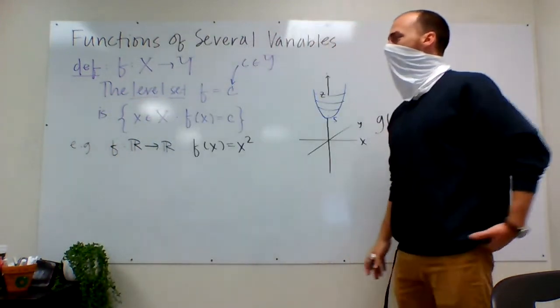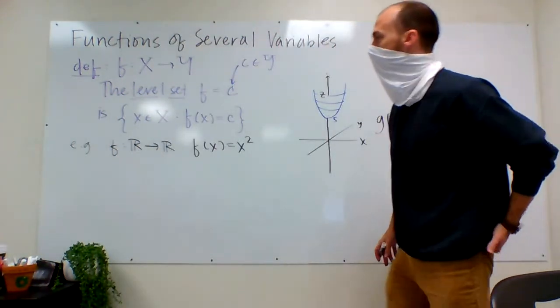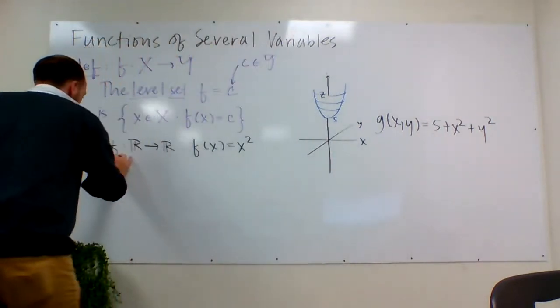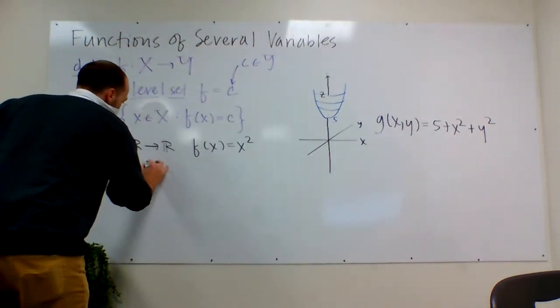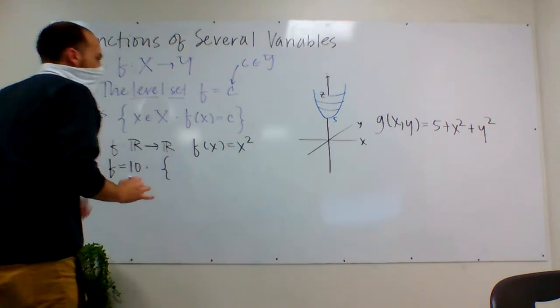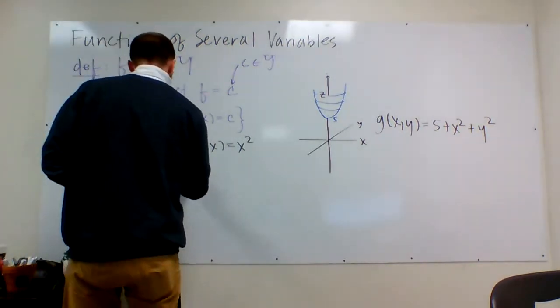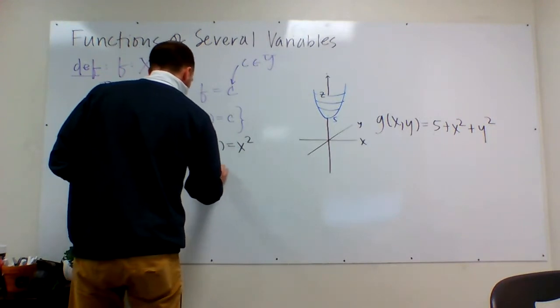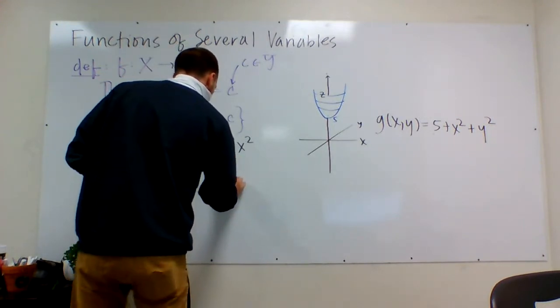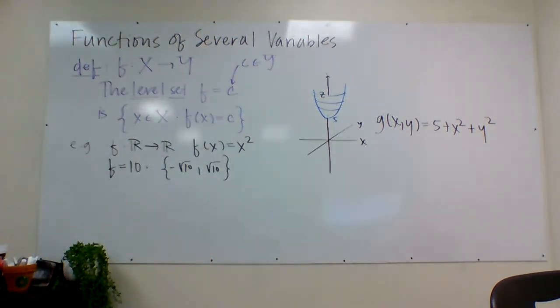The level set corresponding to f equals 10 is the set of, well, basically negative square root of 10 and positive square root of 10. For f of x equals sine of x and f equals 0, it's going to be multiples of pi or something.